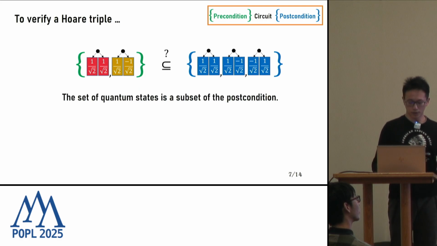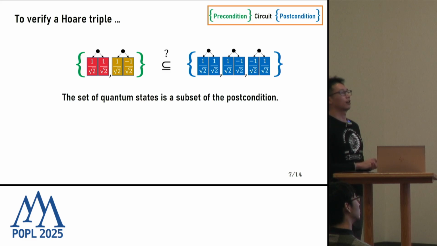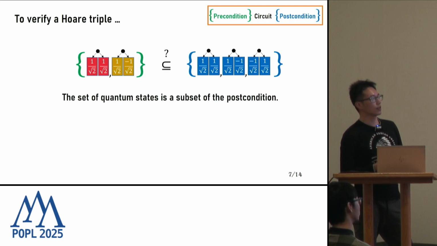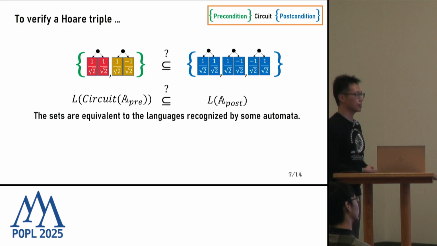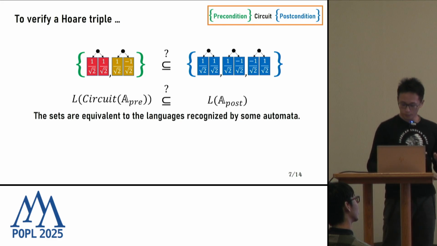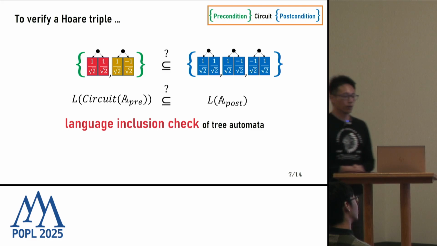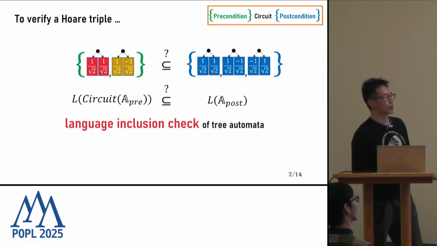This is equivalent to checking that the set of quantum states after executing the circuit is a subset of the postcondition. Since we use automata to encode sets of quantum states, those sets are equivalent to the languages recognized by some automata. So verifying a whole triple in our framework reduces to the language inclusion check of tree automata.